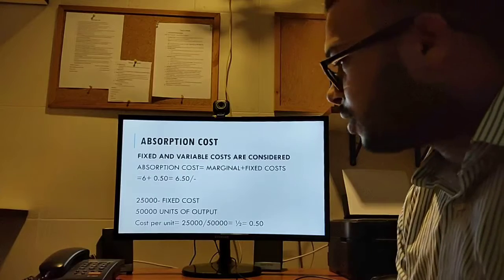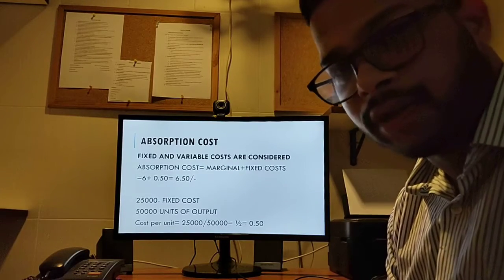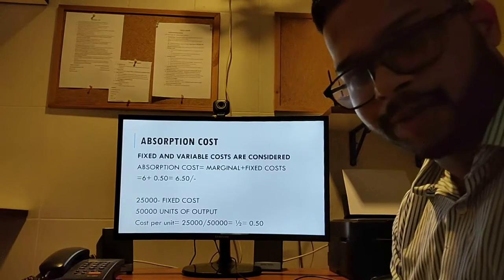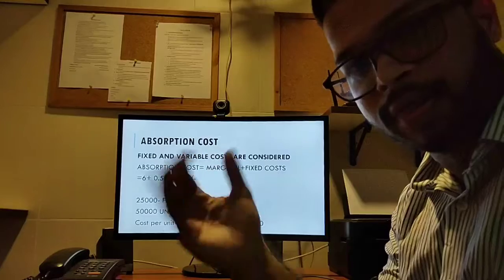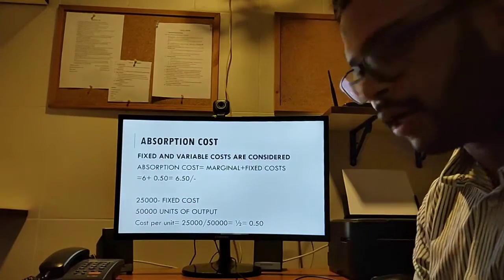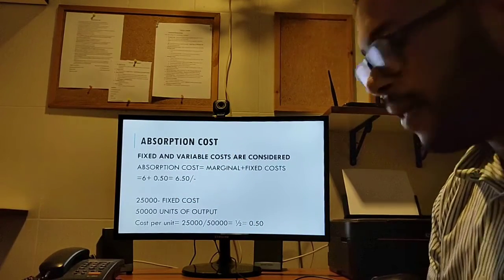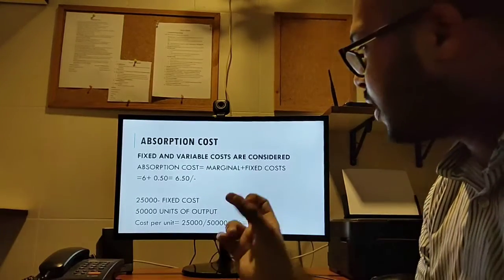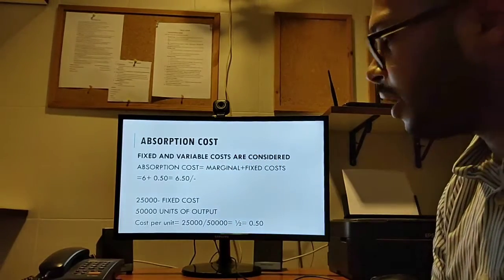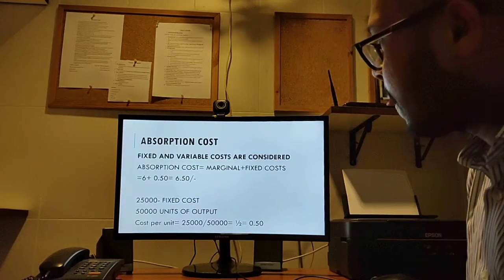You have 25,000 of fixed cost and 50,000 units of output. You get your cost per unit by taking your fixed cost divided by your units of output. So 25,000 divided by 50,000 gives you 0.50. And that 0.50 of fixed cost is added to your variable cost, and that gives you 6.50.